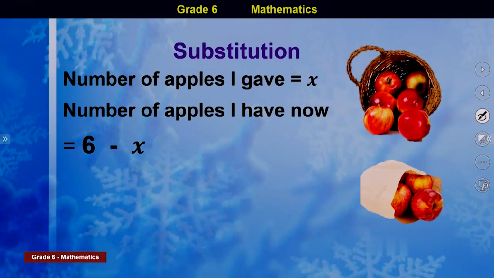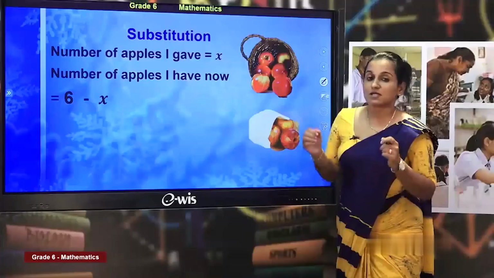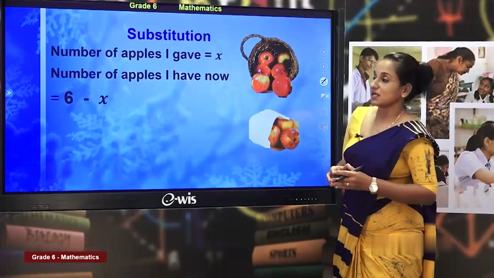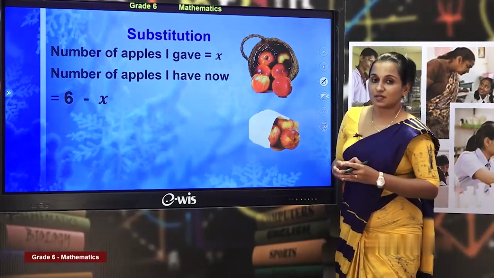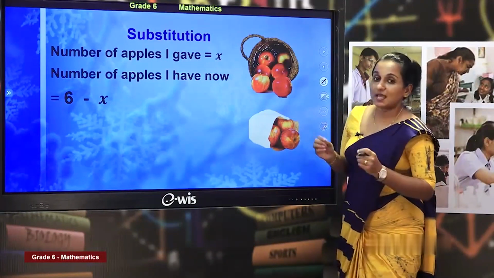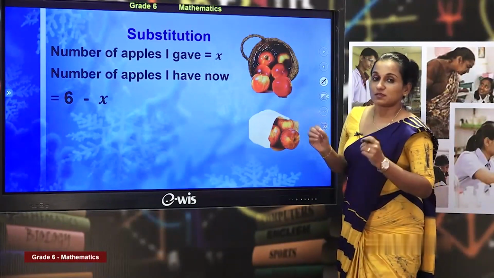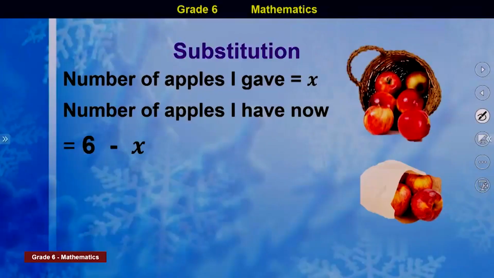Then we wrote an algebraic expression for the number of apples that I have now after giving x apples to my sister as 6 minus x. Later, my sister told me that I gave 4 apples to her. Then x becomes 4. This is how we write it.